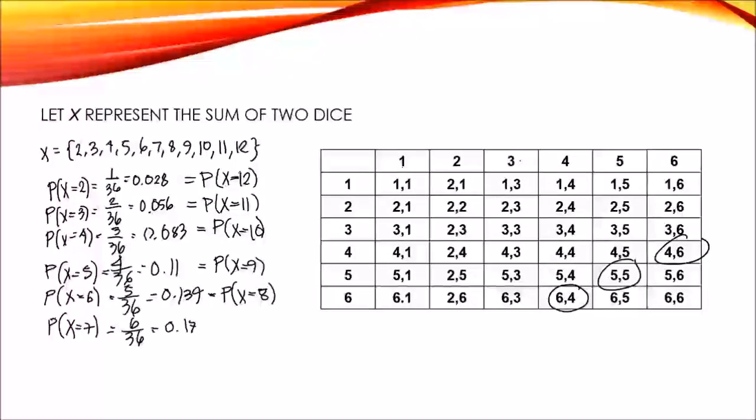Okay, so now let's try to create a histogram. The y-axis is the probability and the x-axis is the random variable, the sum.